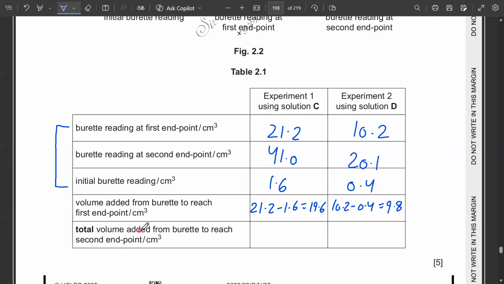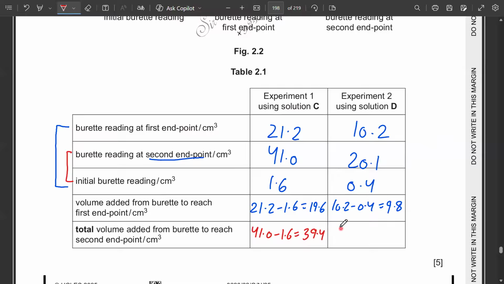Then total volume added from the burette to reach the second endpoint. The second endpoint is this one. Now you take the difference of the initial burette reading and the burette reading at the second endpoint, which means it will now be 41.0 minus 1.6, which is equivalent to 39.4.